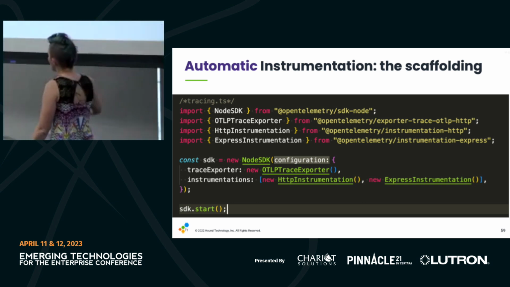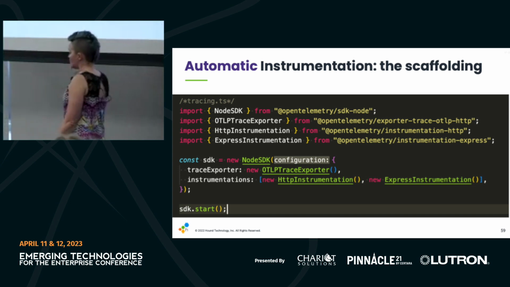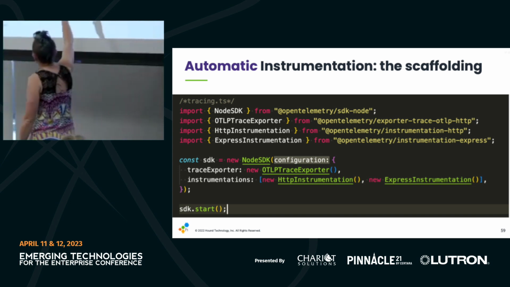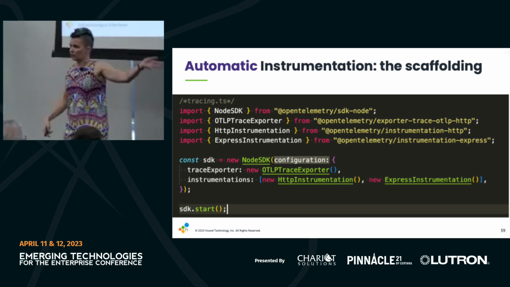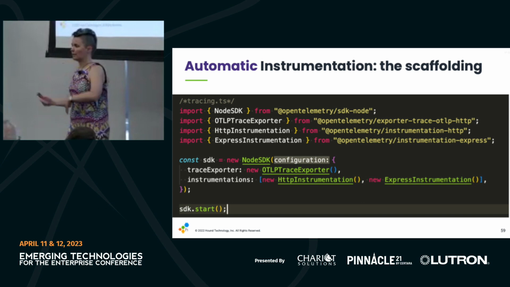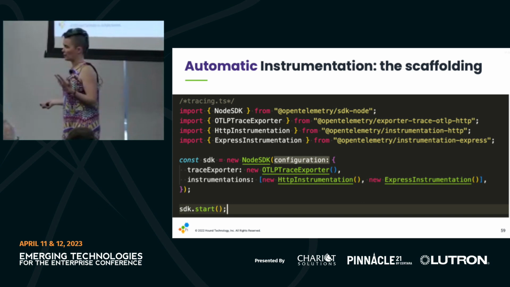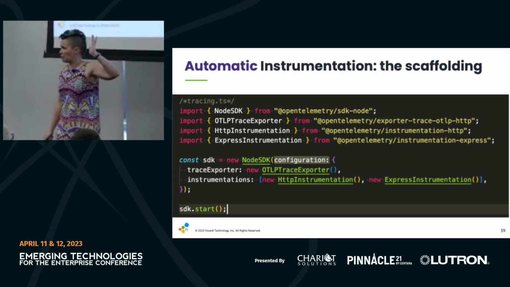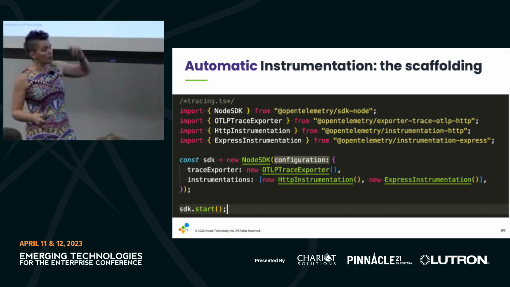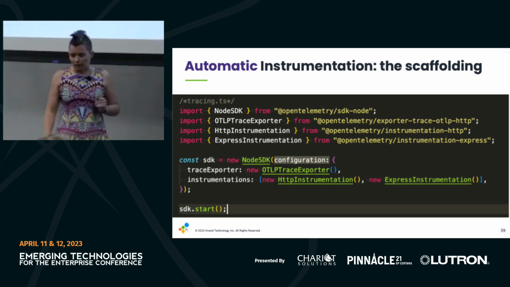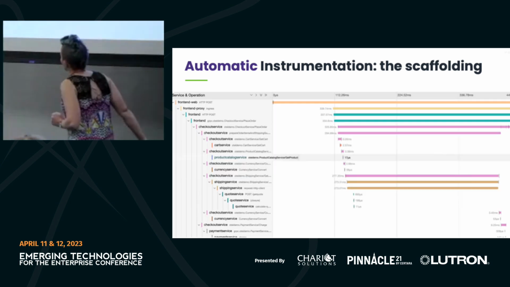In Node, for instance, this is everything. If you're using Express and any of the standard HTTP libraries, this just creates all the spans that you need for incoming and outgoing HTTP requests. That's the whole thing. Bring this in and import it. That's it. Now that's going to send to a local collector by default, which I'll talk about in a minute.